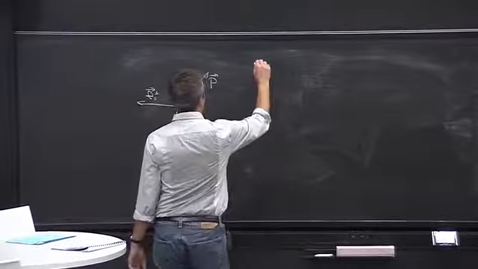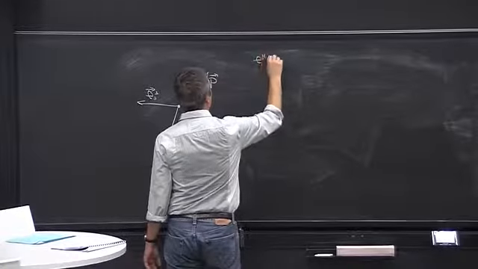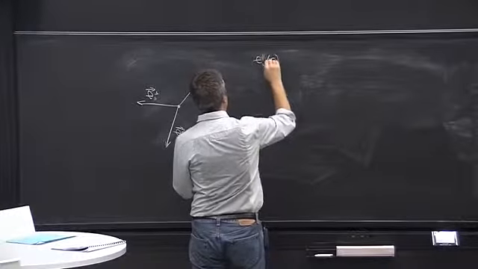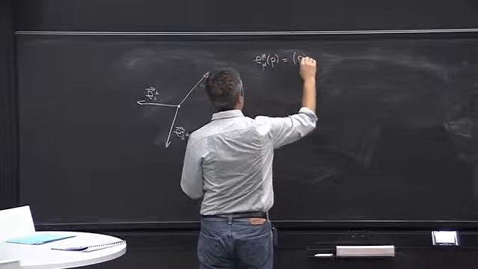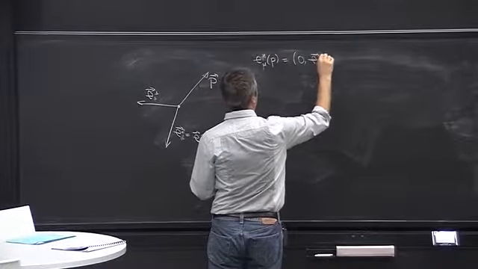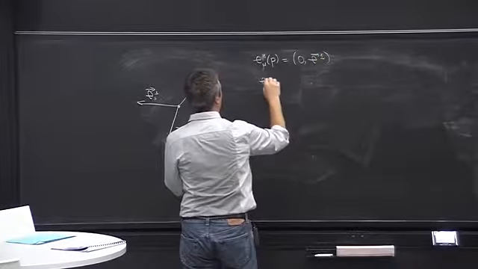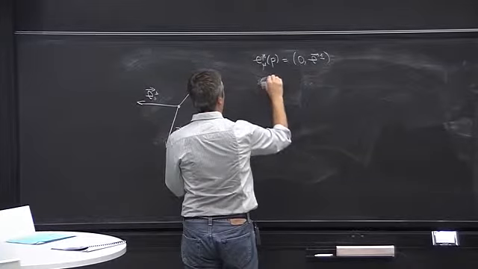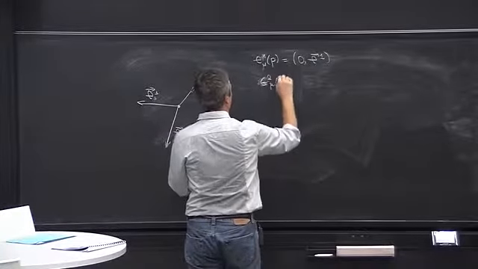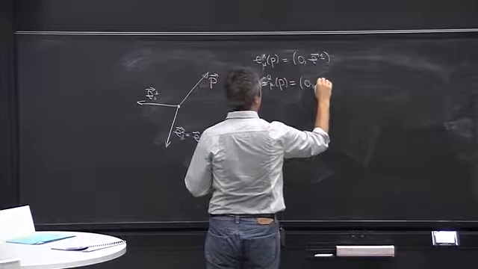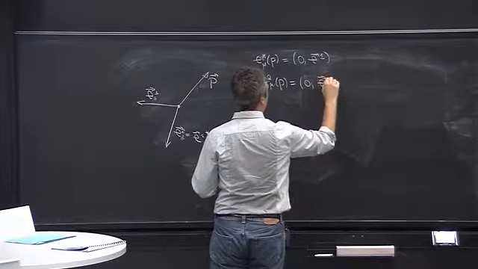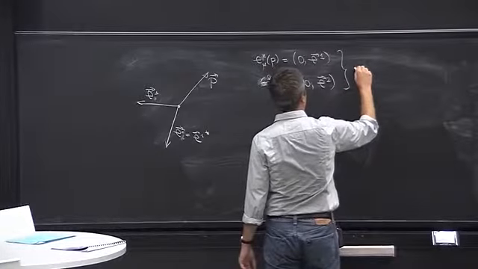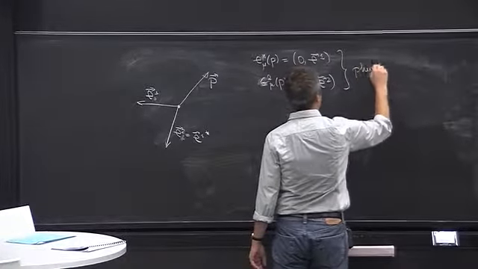And so epsilon mu 1 will be equal to 0, E1, and epsilon mu 2 will be 0, E2. So this describes physical propagating waves.